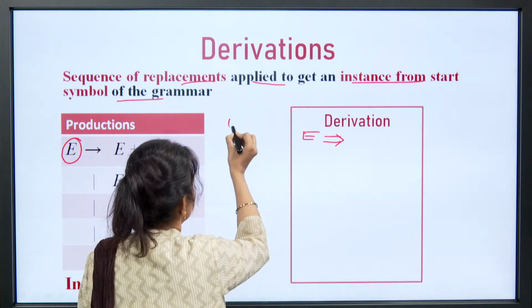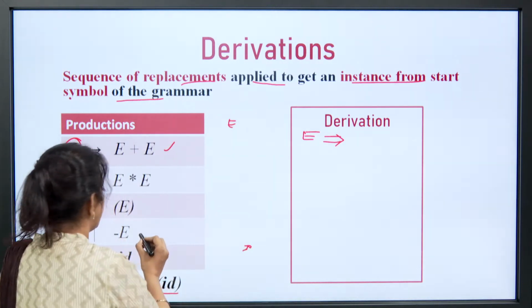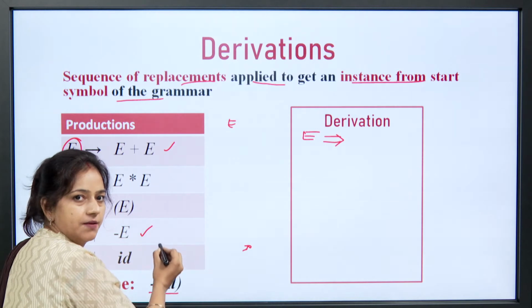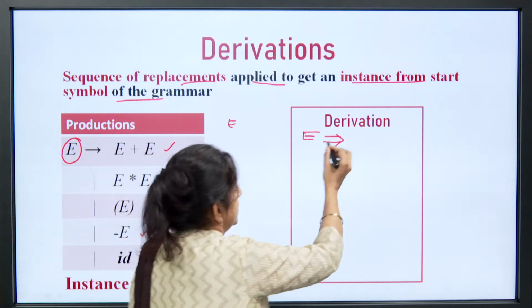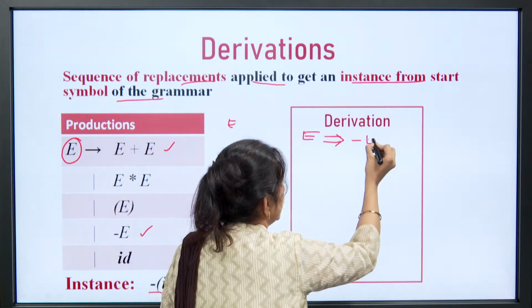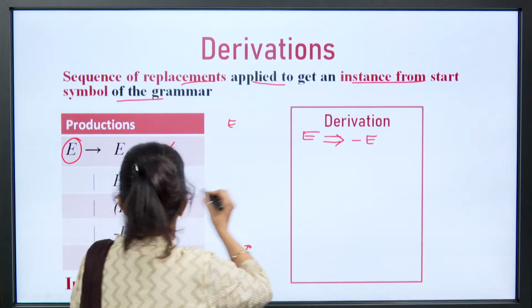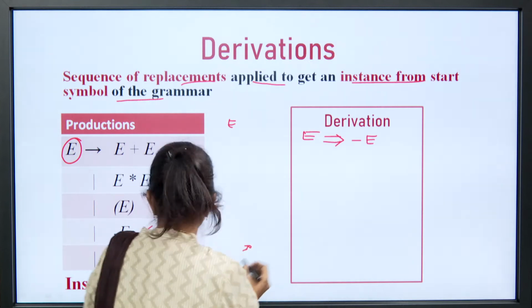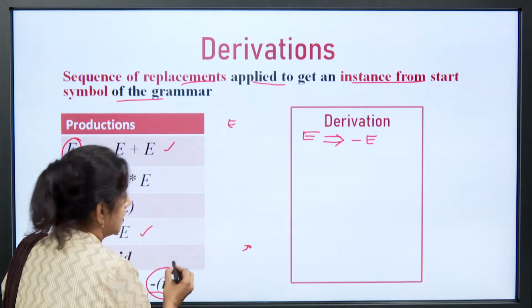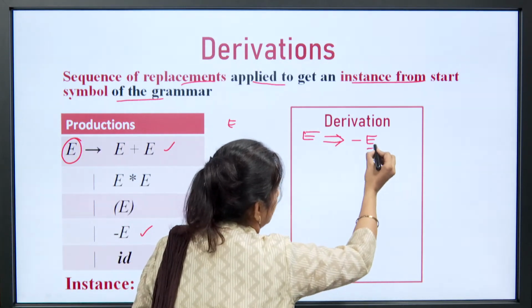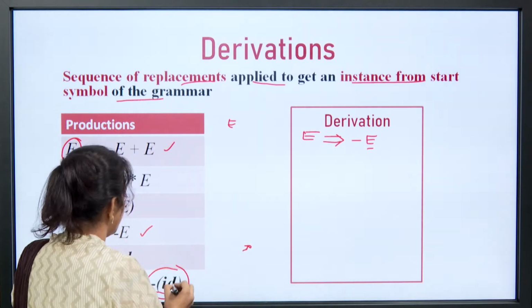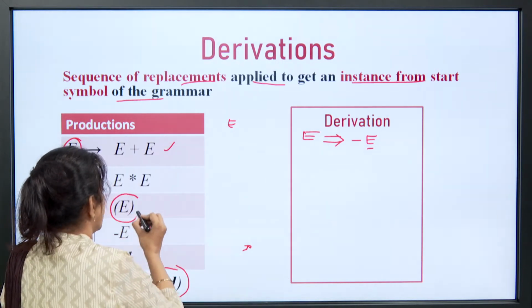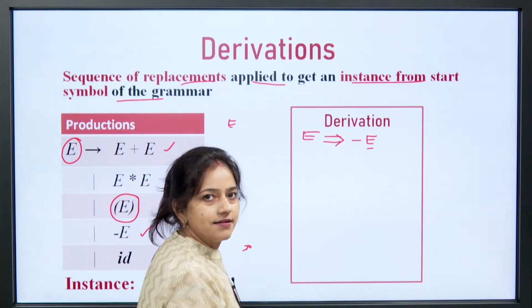We should replace this E with minus E, so we get E derives minus E using production E to minus E. In the next step, we have non-terminal capital E, and this E should be replaced with this alternate to get the desired instance.